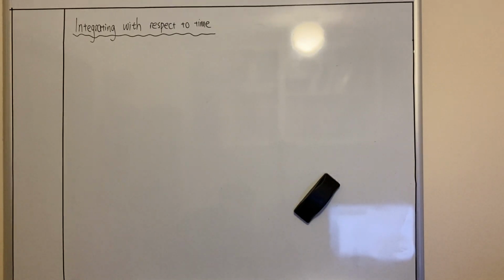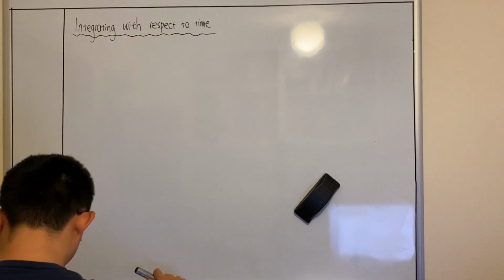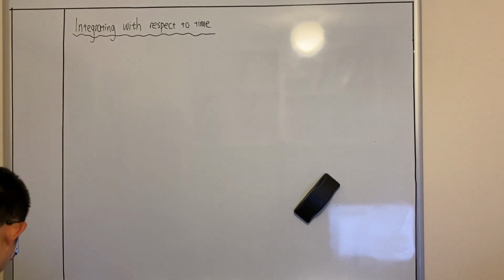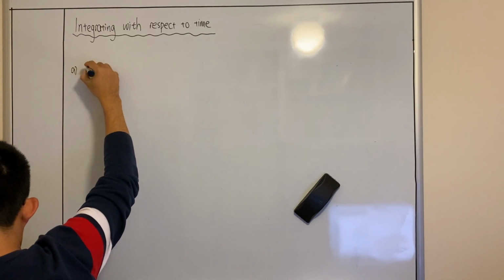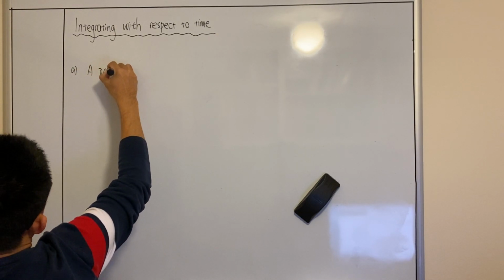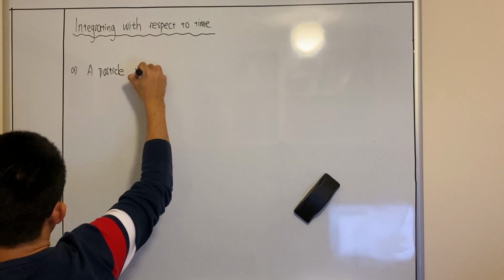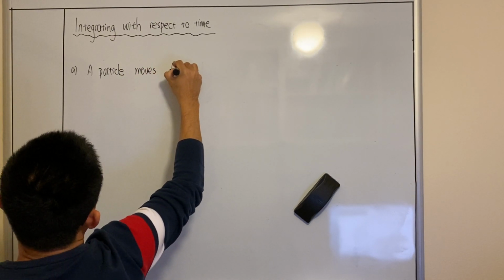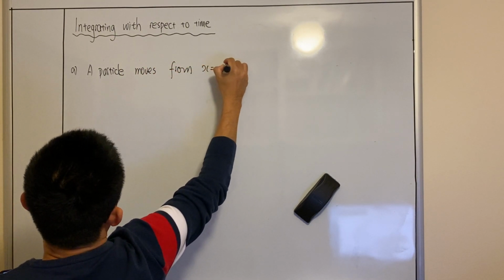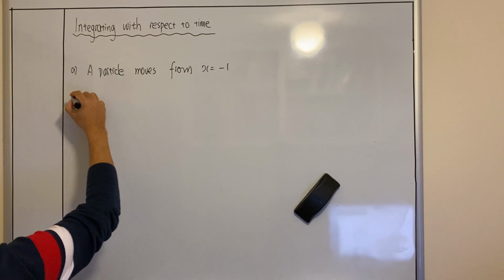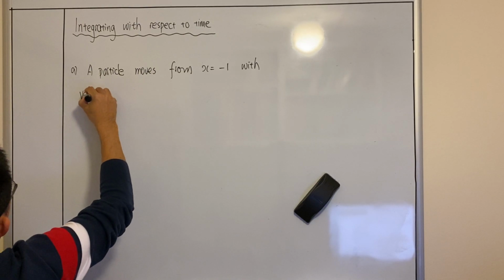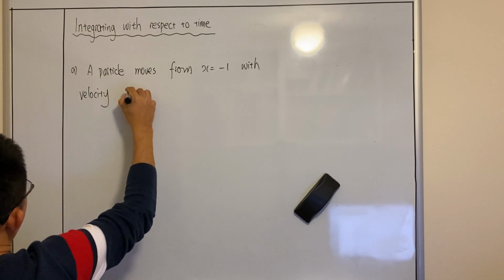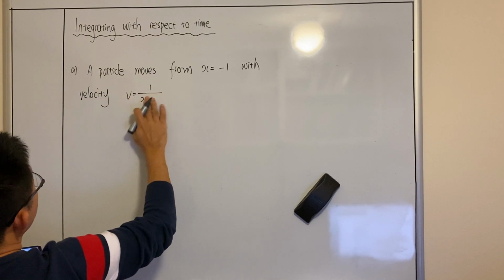Okay, let's have a look at the first question. Question 1. A particle moves from x equals minus 1 with velocity v equals 1 over t plus 1.